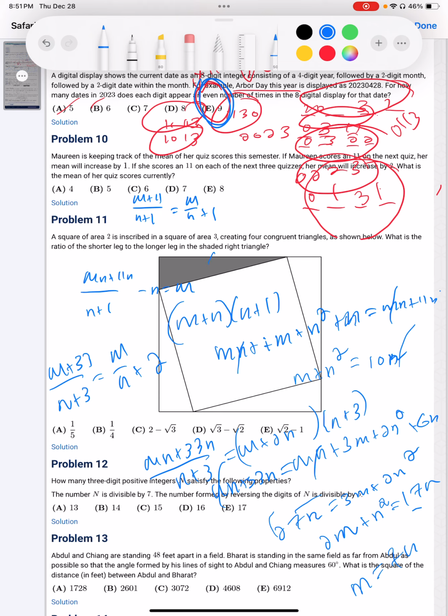Oh god, so 7 equals, so 9, sorry. So 9 equals, oh god, so 7n plus 3. 9 plus 6 makes sense. Okay, here we go.